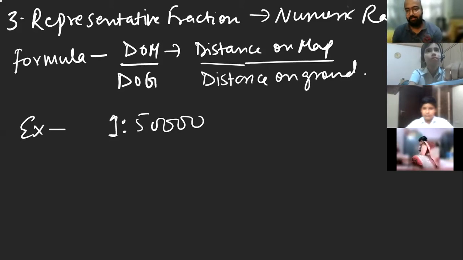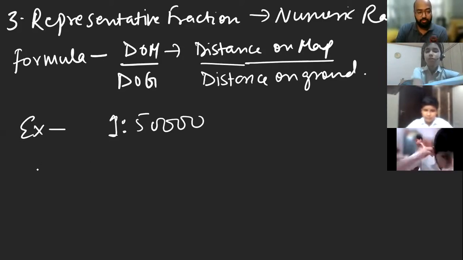If a distance of 500 meters cannot be represented as 500 meters on a map, for that the map would have to be 500 meters long. Is this possible? No, it is not possible. In that condition, what is to be done? We convert them into smaller units.